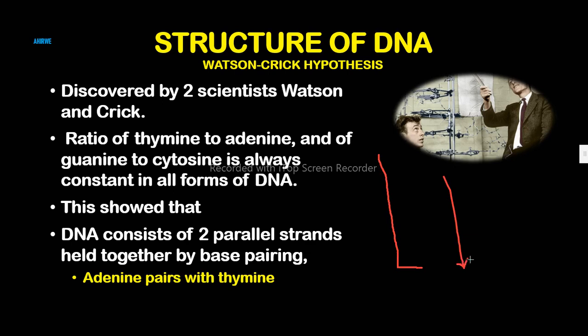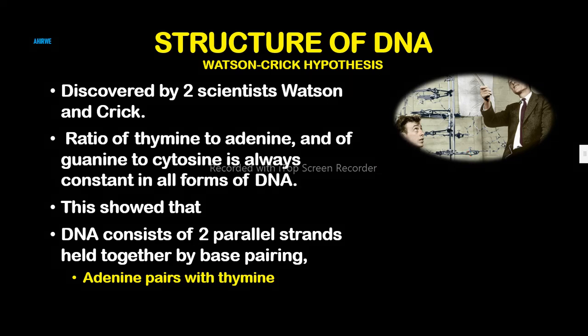So if this one runs in this direction, then the other one runs in the opposite direction. But the two strands are parallel to each other, both having organic bases at right angles that point inwards, okay, and these organic bases would pair up to form strong hydrogen bonds that held these two parallel strands close together.